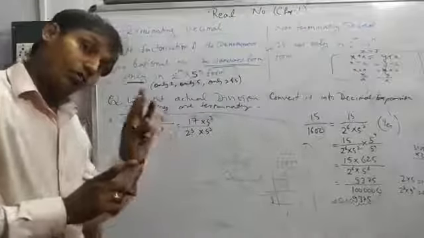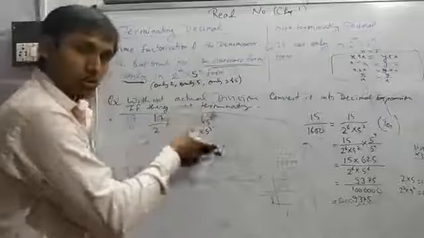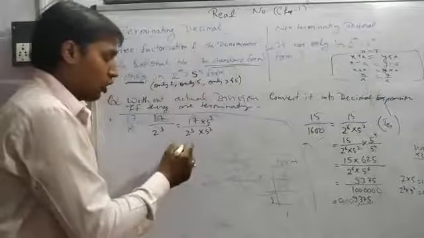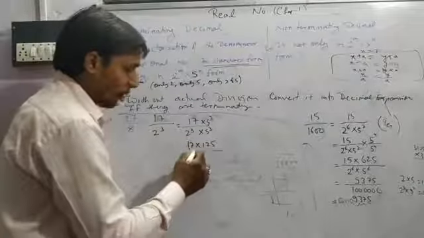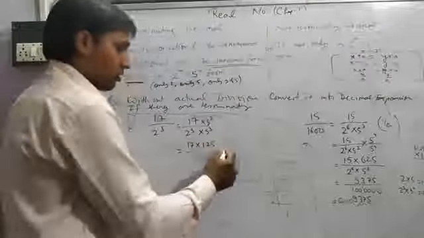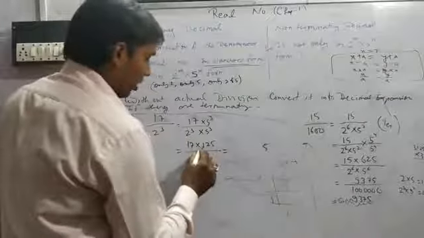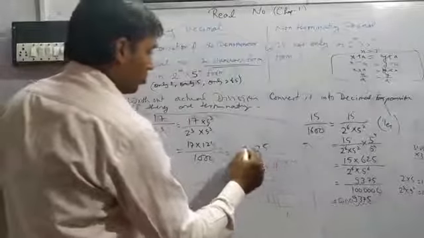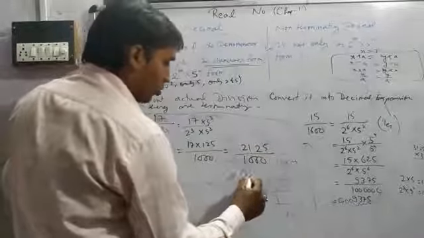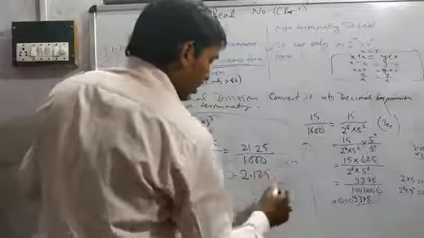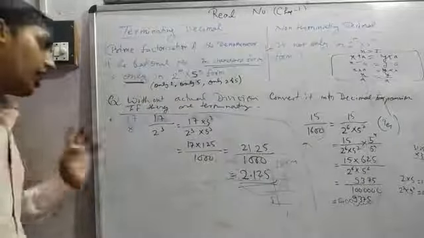Because we want the number of 2s and the number of 5s the same in the denominator, we multiply by 5 to the power 3 in the numerator as well as the denominator. So here 17 into 125 upon 1000. So 2125 upon 1000, that is 2.125, is the decimal expansion of 17 upon 8.